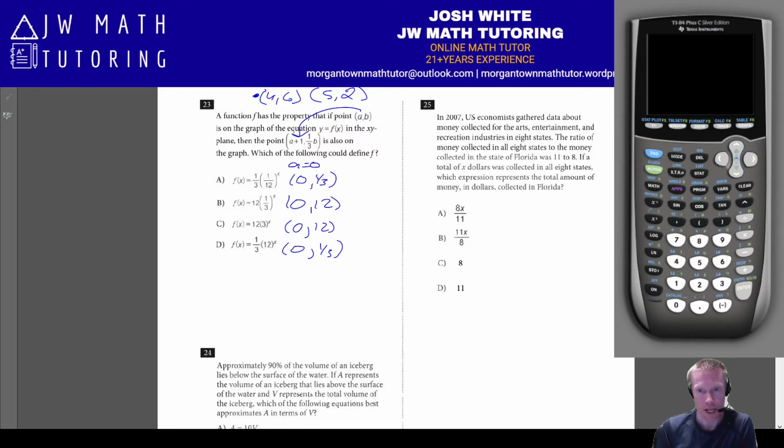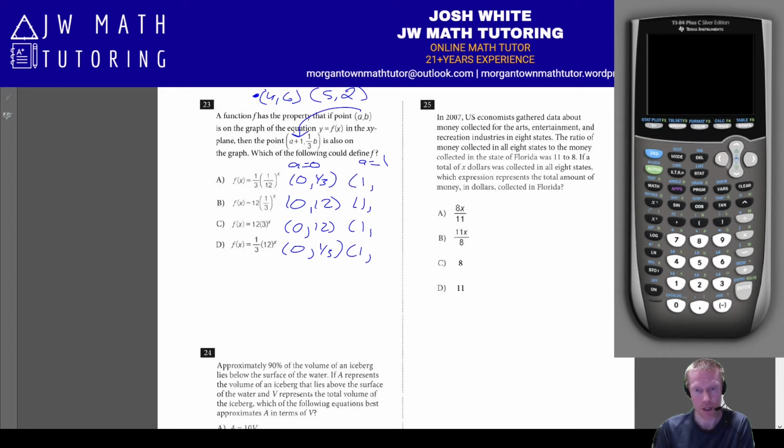Okay, now I add 1 to my a value, so now my new a is equal to 1. So I'll fill that in for all the x coordinate values. And now for my y coordinate, I'm taking 1/3 of b.